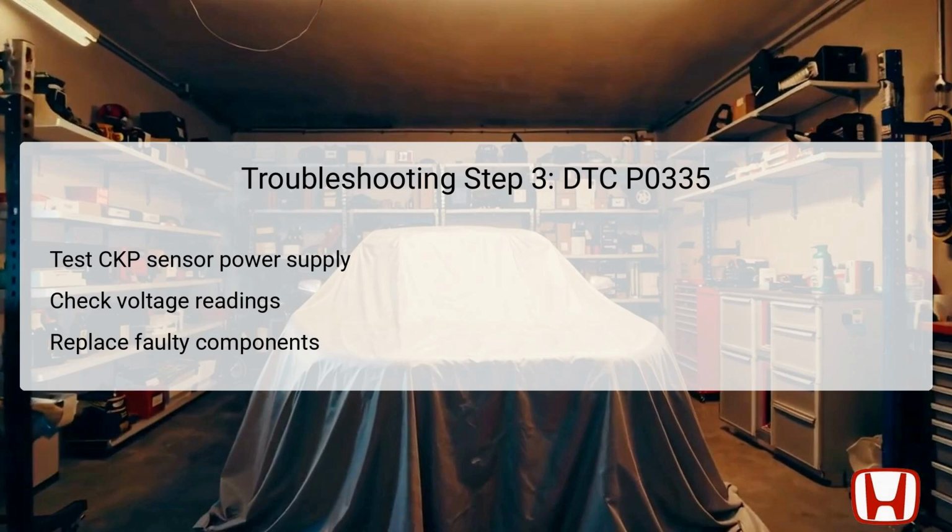If no power is detected, it indicates an open circuit that needs to be traced back to the PCM or the power relay. If the CKP sensor is receiving insufficient voltage or has fluctuating power, it may require replacement. Be sure to rectify any identified issues in the power supply line prior to concluding the diagnosis at this stage.